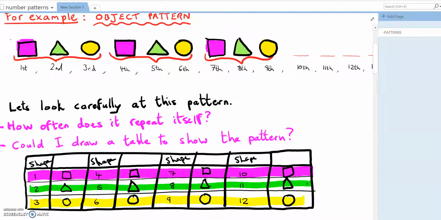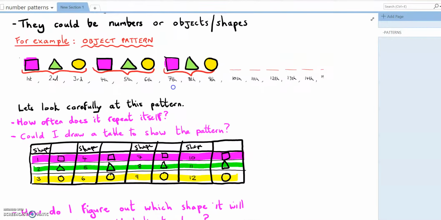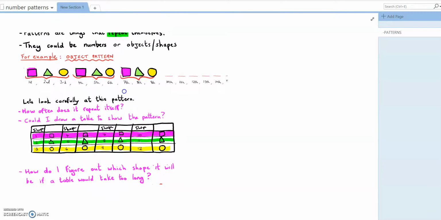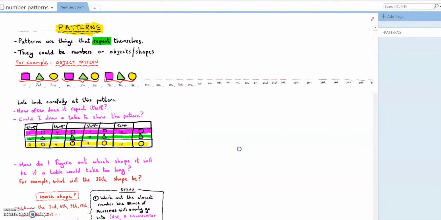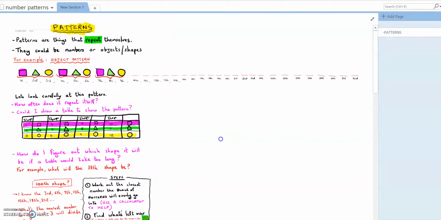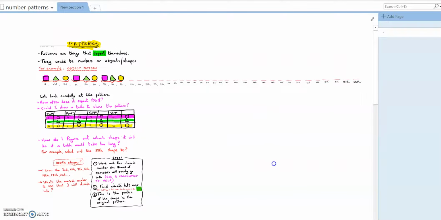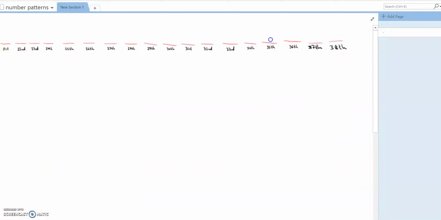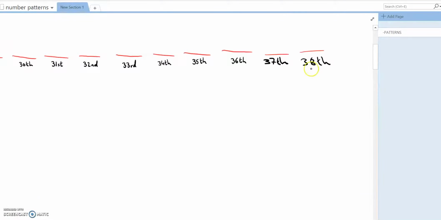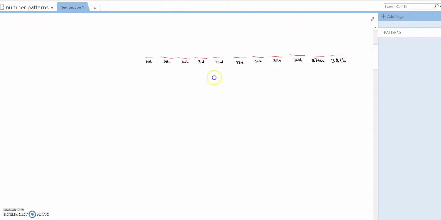Now the problem will arise if I asked you for the 38th shape, let's say. The 38th shape.